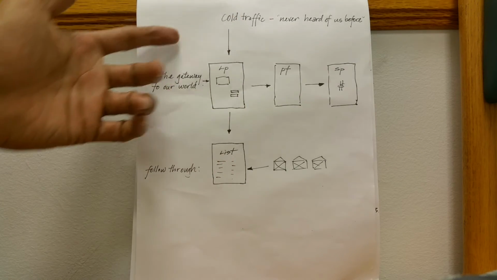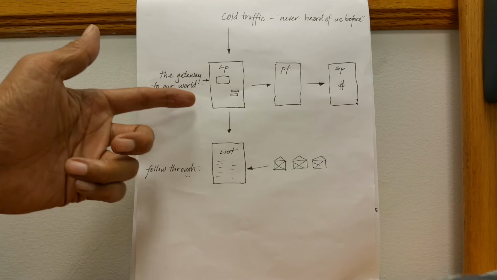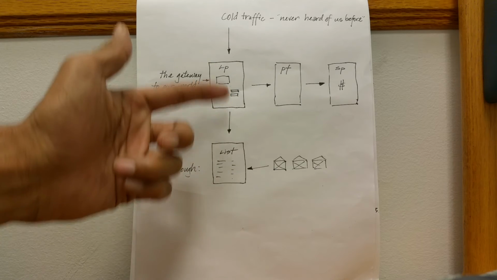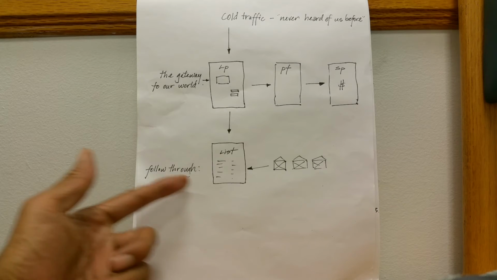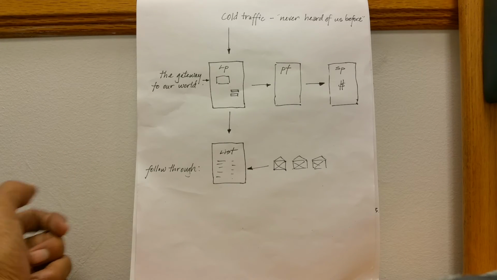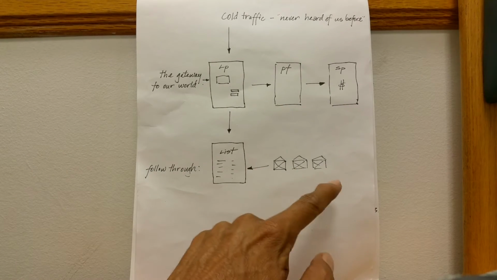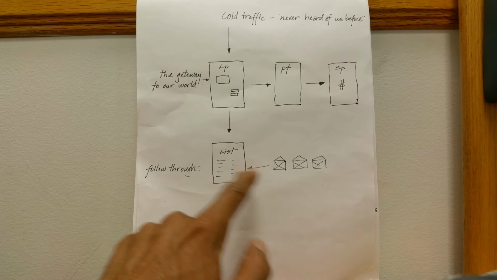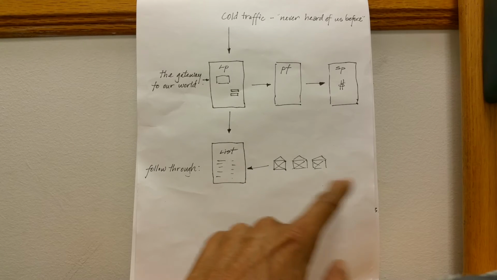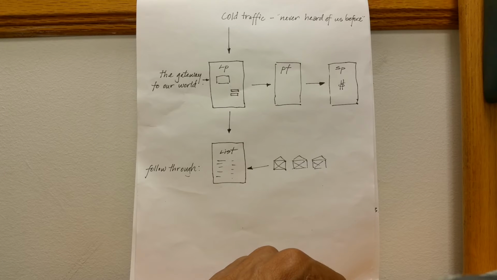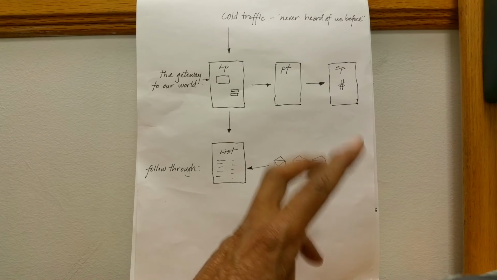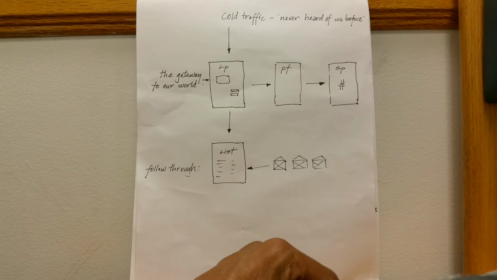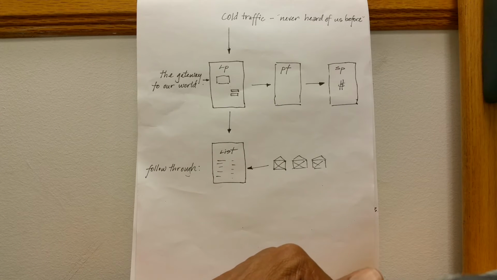So what happens is we send cold traffic to this landing page. When they opt in, they say, yes, I want what you've got. Here's my email. They go to a list, and this is one of our follow-through channels that we set up: either an email follow-up sequence that we send to the list, or broadcast emails, where we can send a newsletter email to this list at any time, delivering value and also presenting offers to them.